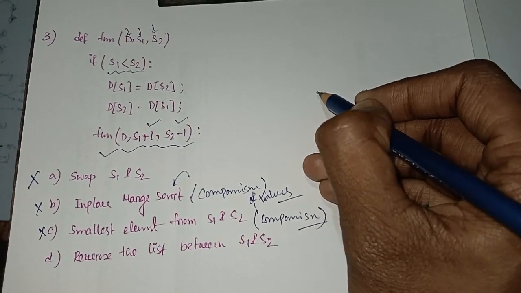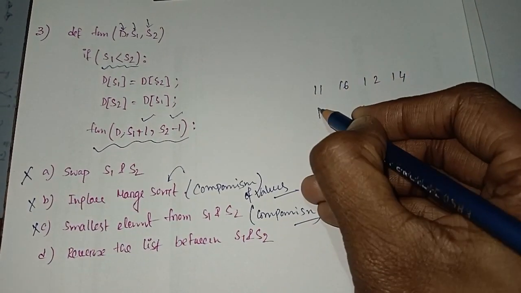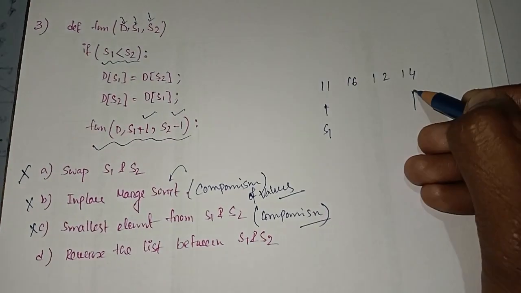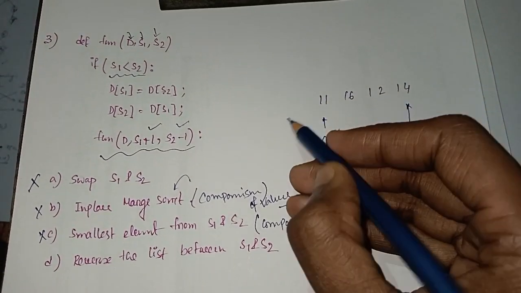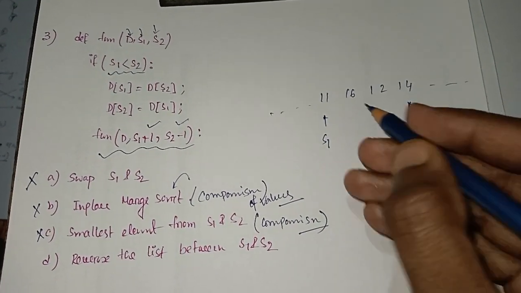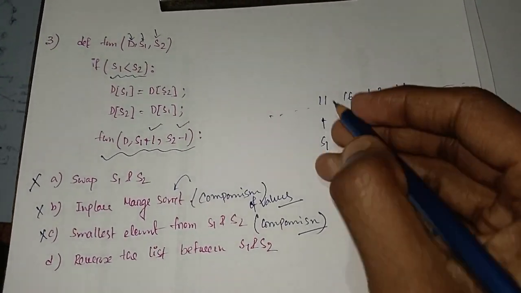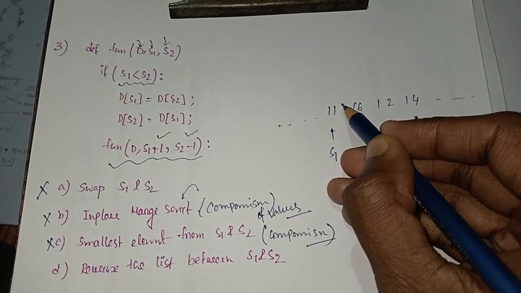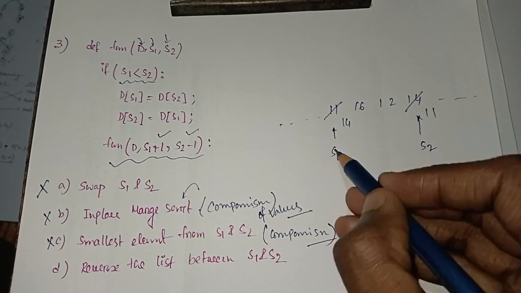So if we take an array of 11, 16, 12 and 14, the s1 pointer is pointing at this position, and s2 is pointing at the 14 position. So we have to check s1 and s2, then swap between the two. So 14 comes here, and 11 goes here.